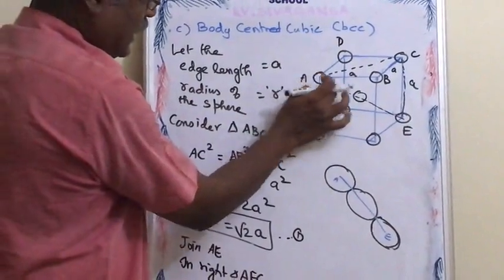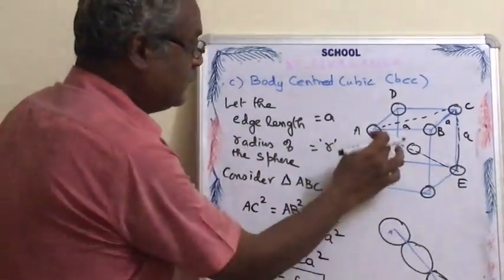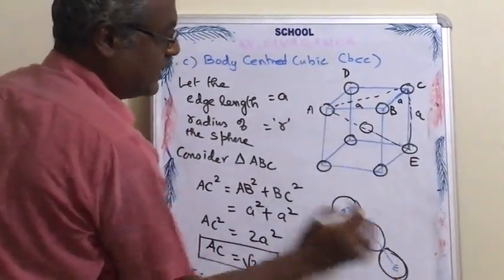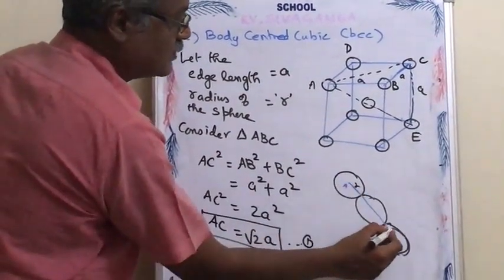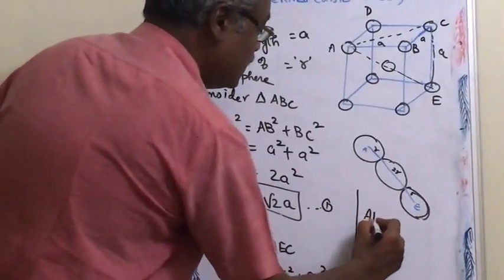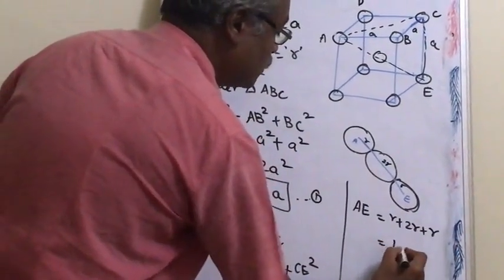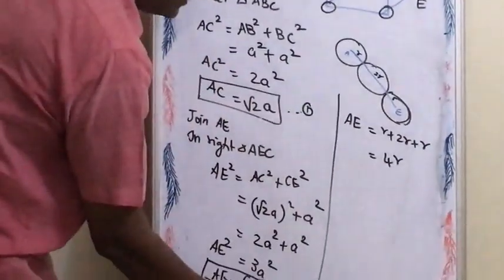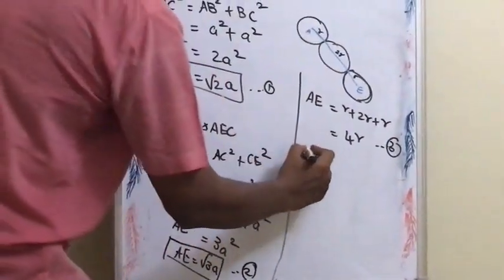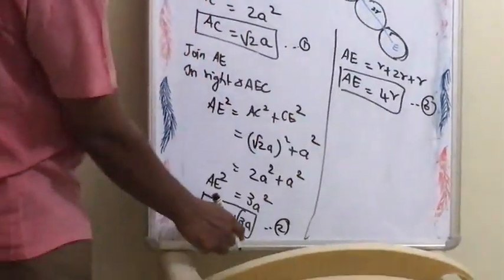Here I have drawn a two-dimensional diagram. Three-dimensionally these atoms are closely packed. So these three spheres are closely packed like this. This is r, this is r, this is 2r. So AE equal to r plus 2r plus r, that equals 4r. Comparing this second and third equation, here AE equal to 4r, here AE equal to root 3 a.